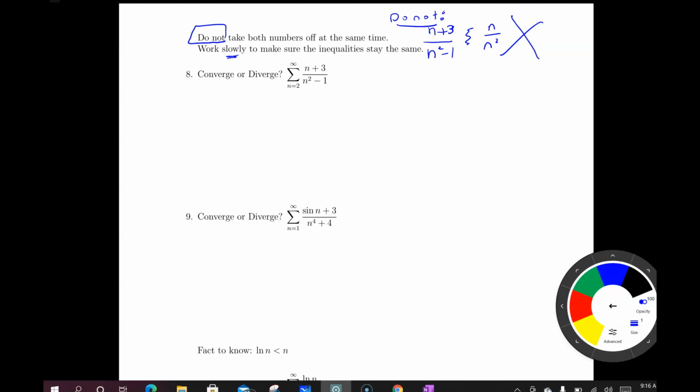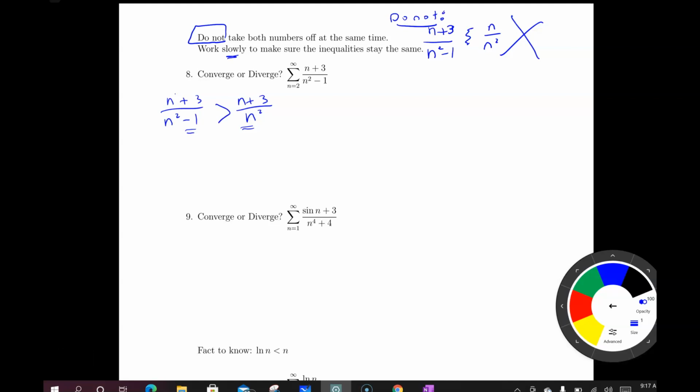So let's write down, and let's take one number off. Let's take this off. So keep the numerator the same and then make this. So which is smaller? Which has more on the denominator? This one. So it's smaller.